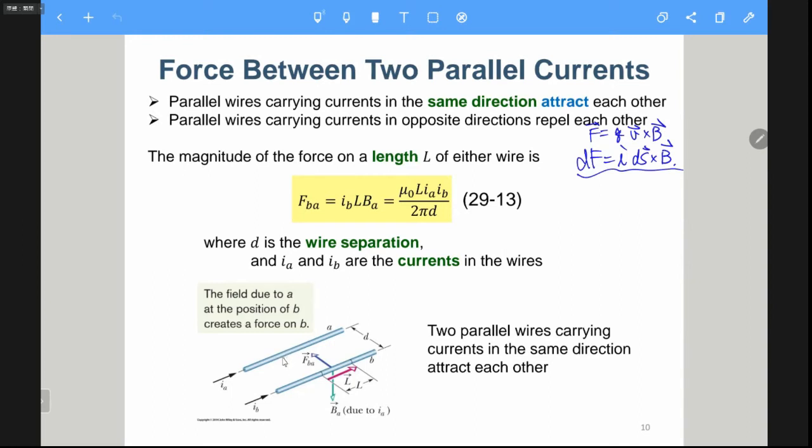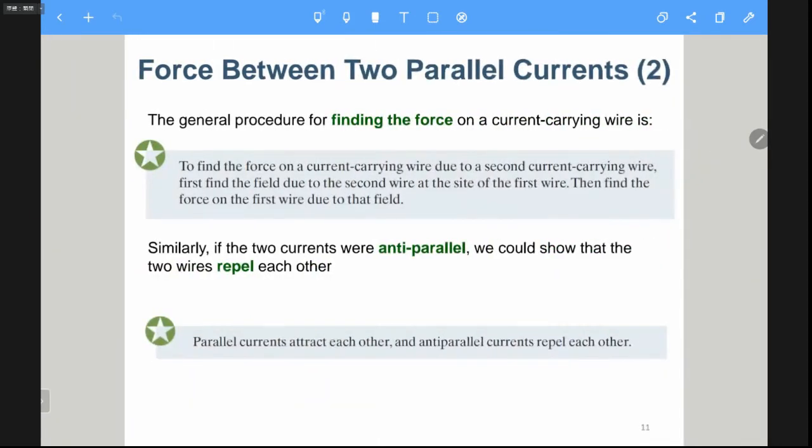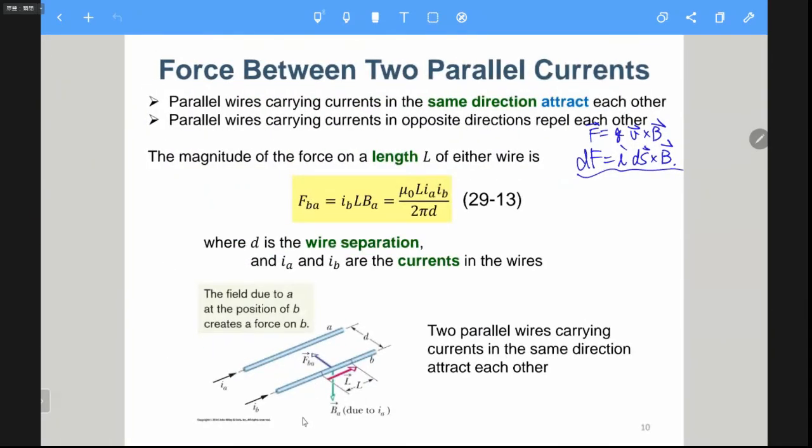Just consider FBA, which means the force acting on wire B from wire A. The magnetic field BA is the magnetic field generated by IA.